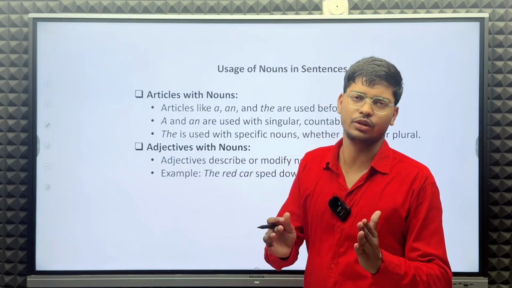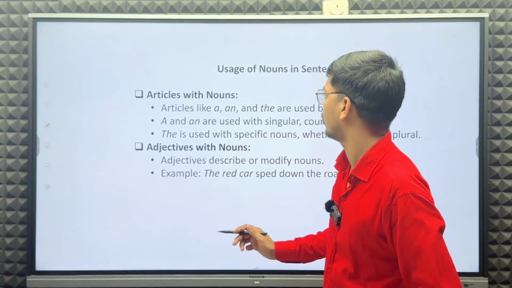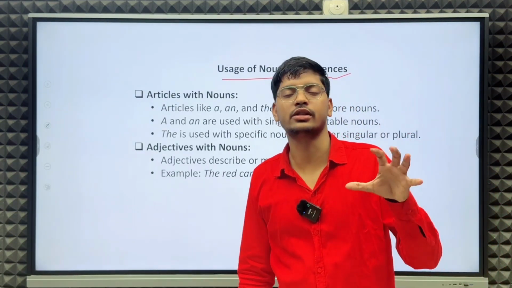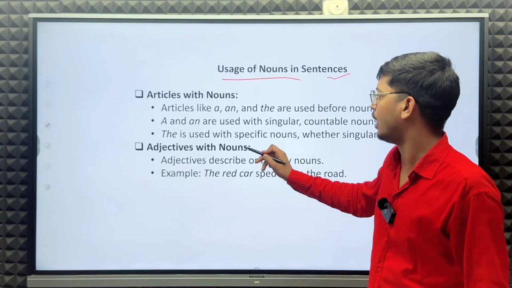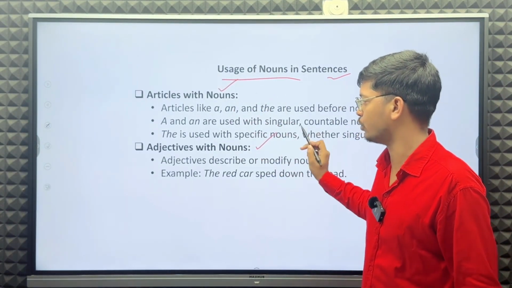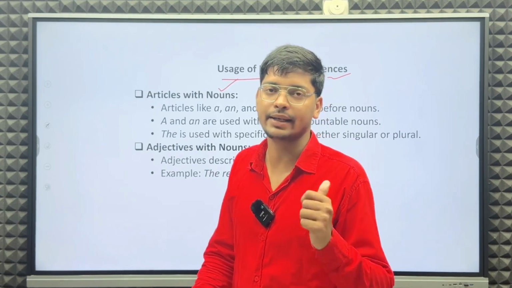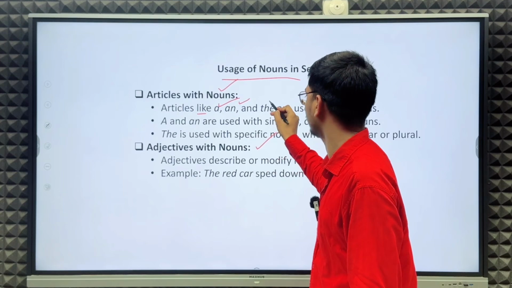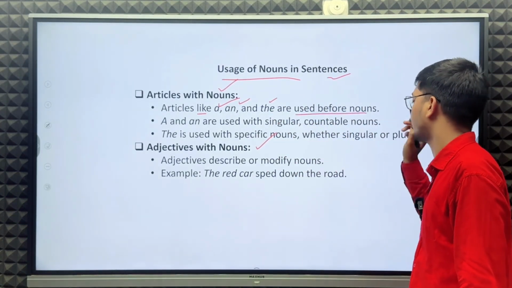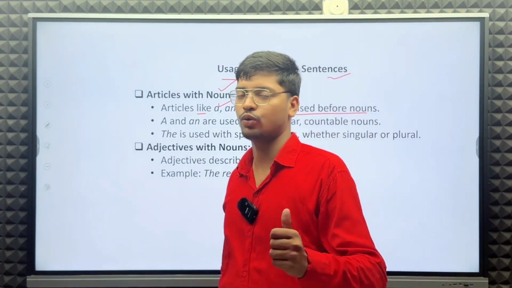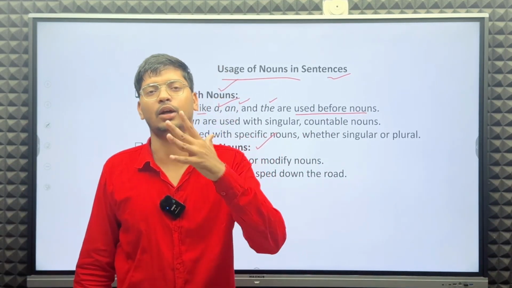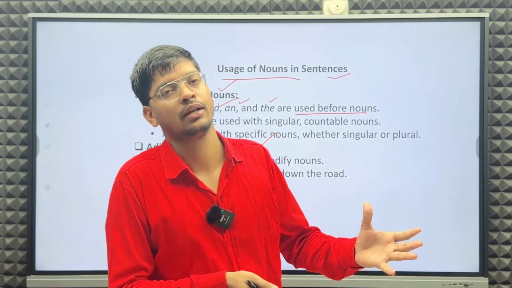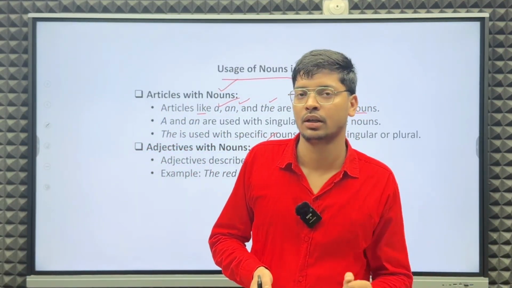Our next point is also important here. Uses of nouns in a sentence: articles with nouns and adjectives with nouns. Articles like a, an or the are used before nouns. So we have to use articles like a, an and the before the nouns.